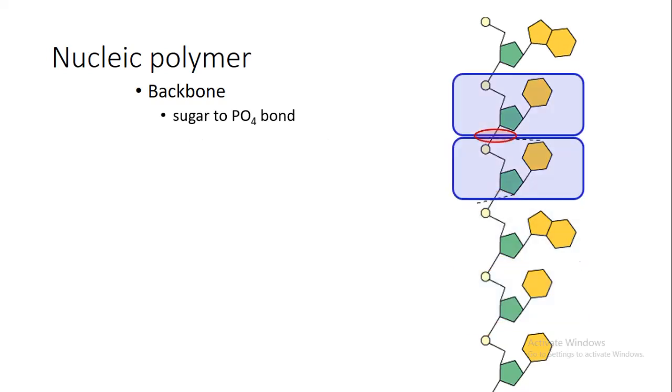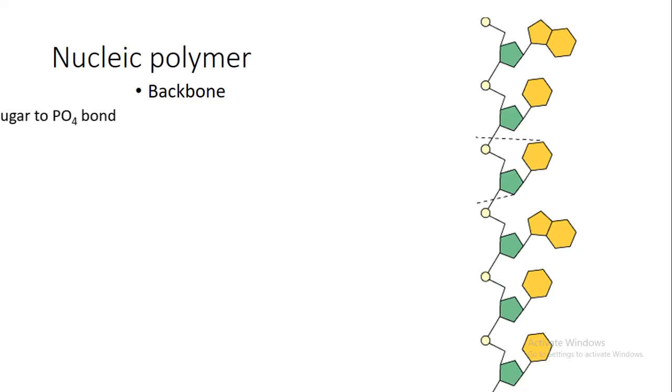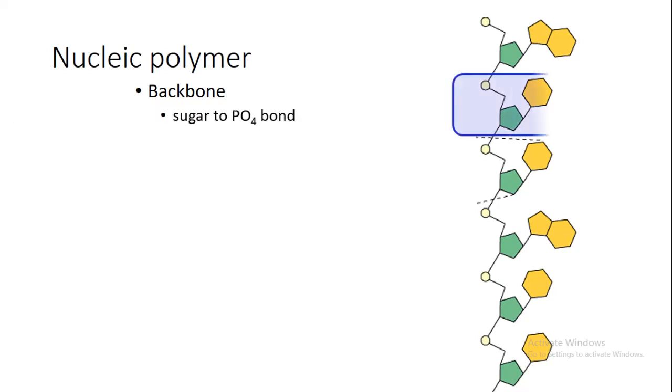The backbone of this nucleic acid is formed by the bond between the sugar and the phosphate group. For example, when you look at the blue ones, one has a nucleotide, and another blue one has a nucleotide. There is a bond in between, which is shown in red there.